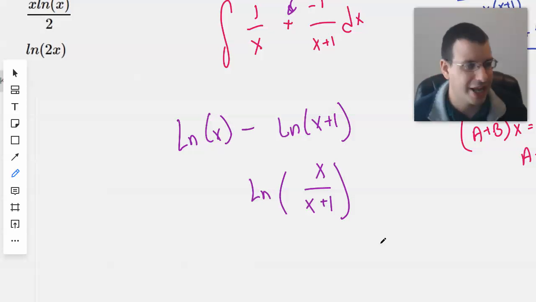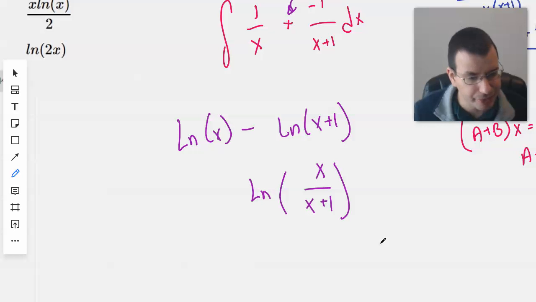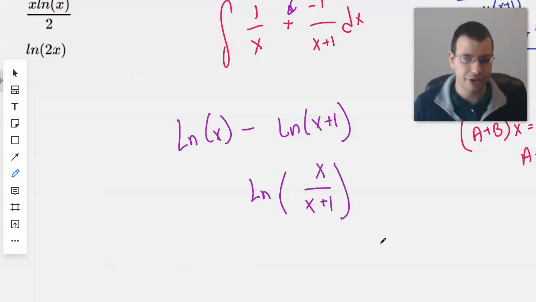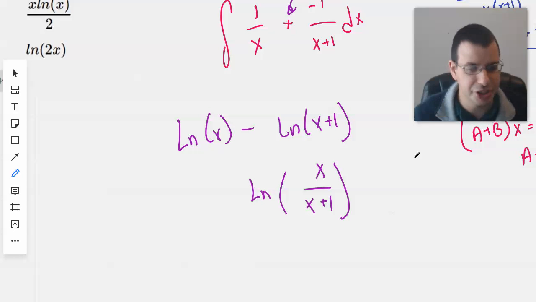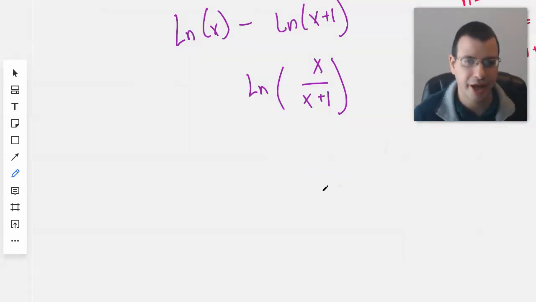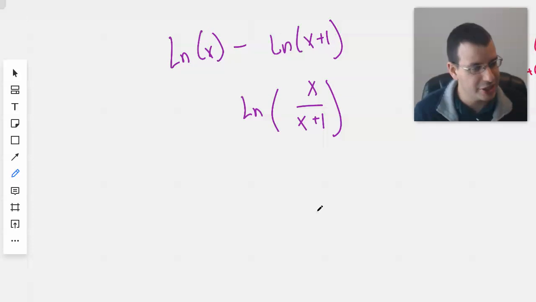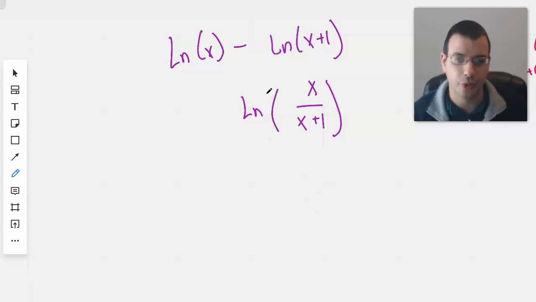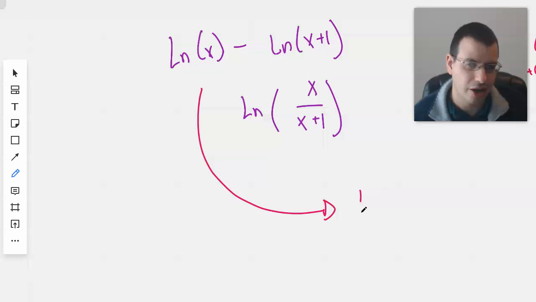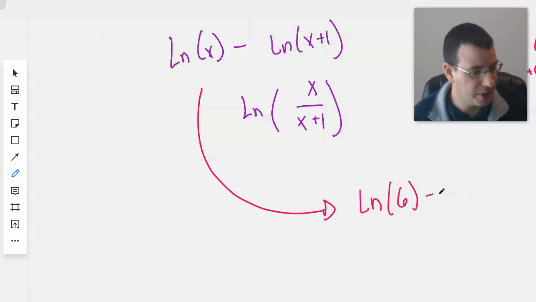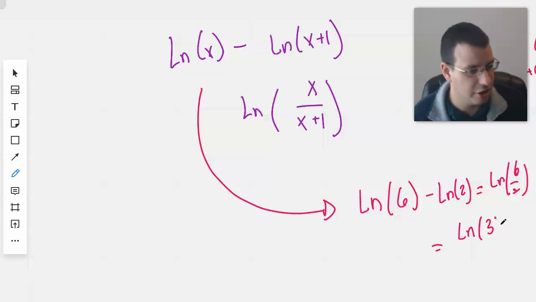I'm terrible with log rules, and it's the sort of thing where I can never quite remember them. So what I do is I try to pick some numbers, not random numbers, and take a second to verify that this is possible, or at least not wrong, with your calculator. So every time I do this rule, I usually do something along the lines of, well, does that mean that natural log of 6 minus natural log of 2 equals natural log of 6 over 2, which is natural log of 3?